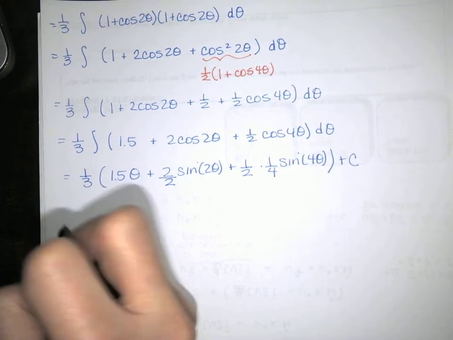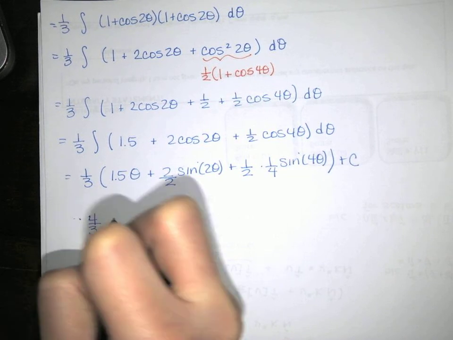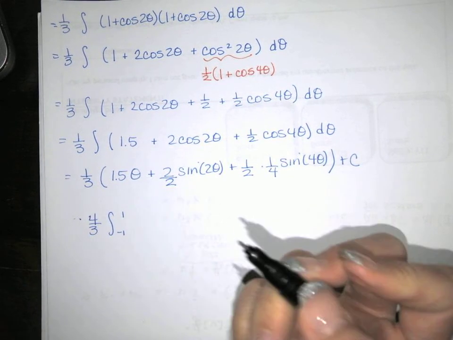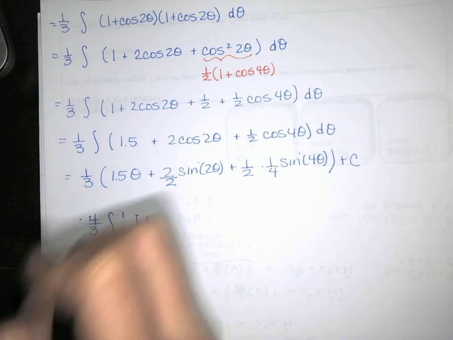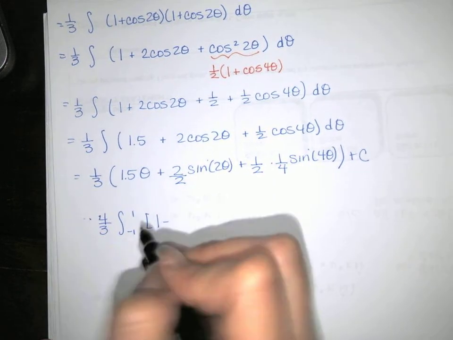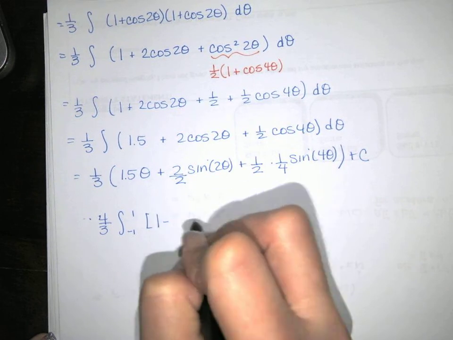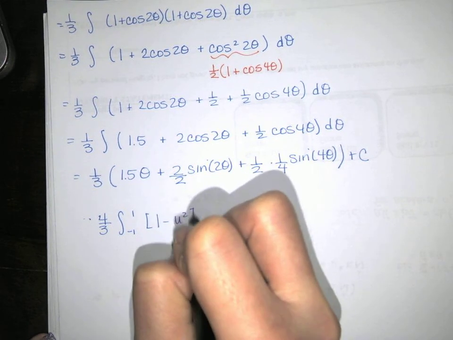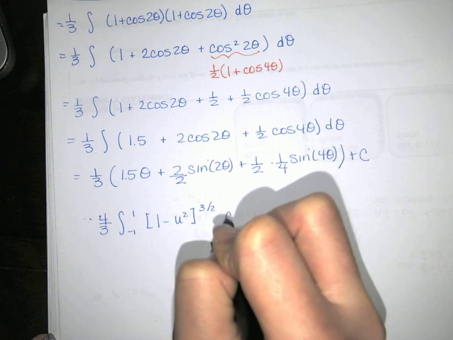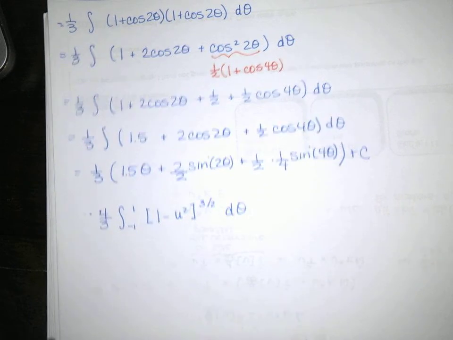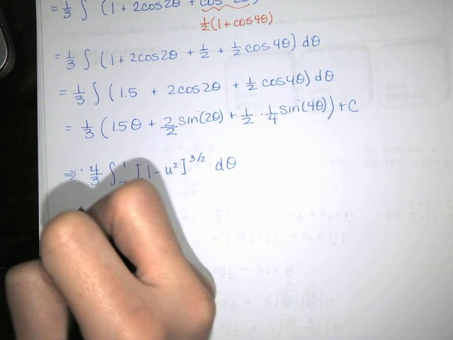Oh my goodness. Now, remember our original integral was 4/3 of the integral from -1 to 1 of 1 minus, oh gosh, we've got to back substitute. I think we're going to run out of time. My video recording software only allows me to make videos up to an hour, which is why I started rushing at the end here.